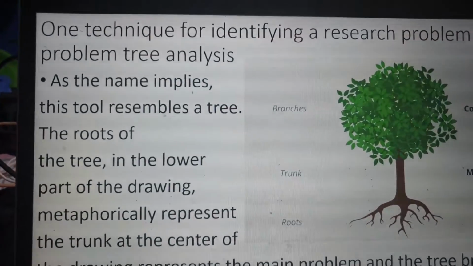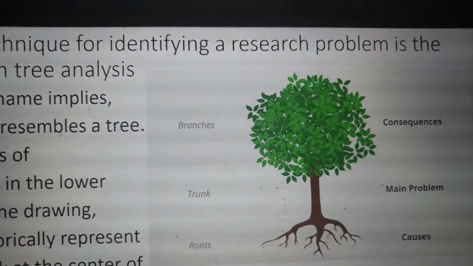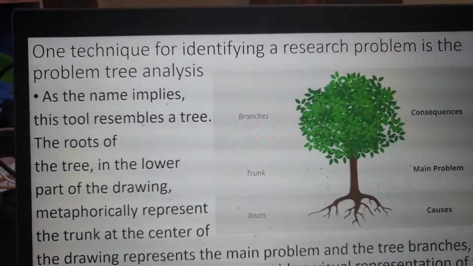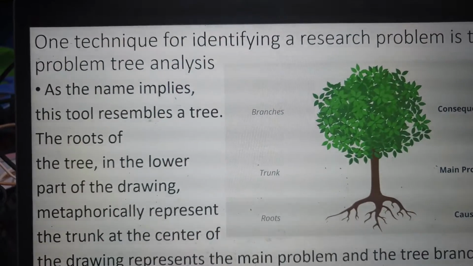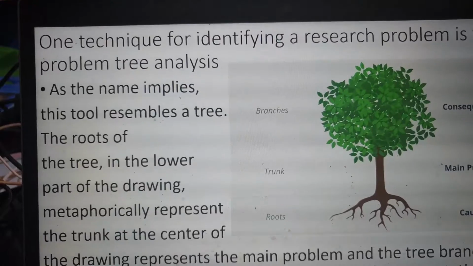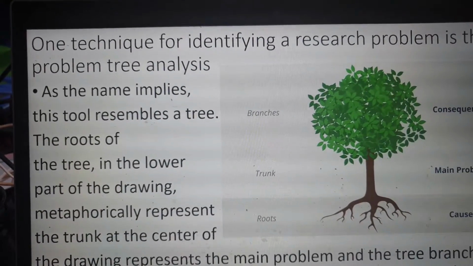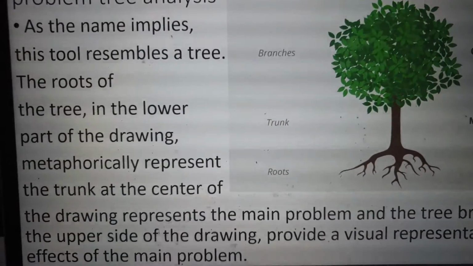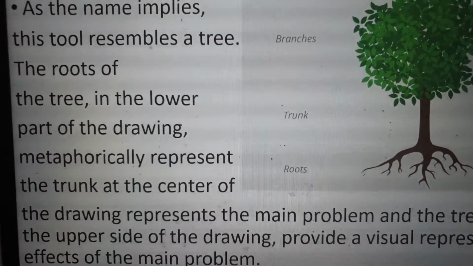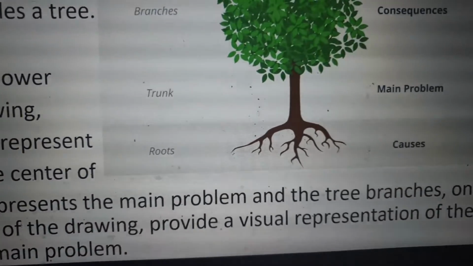Now, one technique for identifying a research problem is the problem tree analysis. And as the name implies, this tool resembles a tree. The trunk in the center of the drawing represents the main problem.